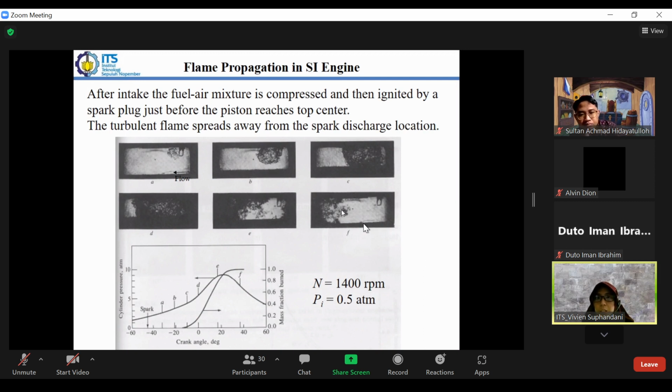It is an expansion process. Point D is actually the top dead center, and the volume here is the smallest.